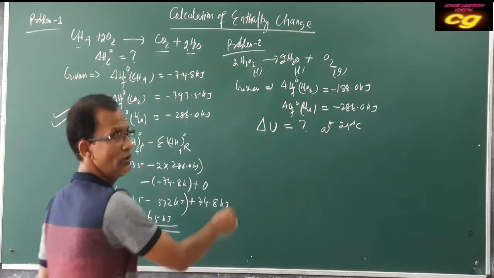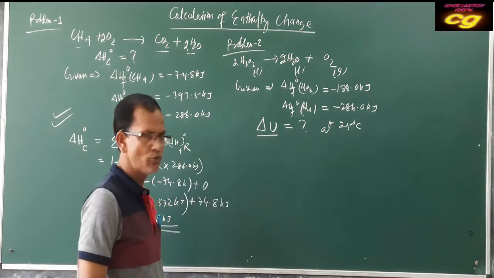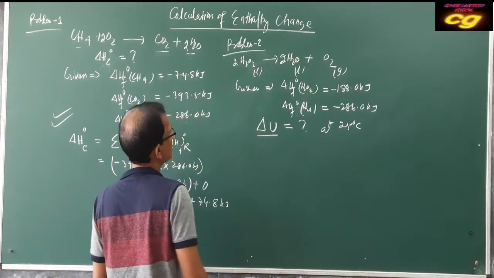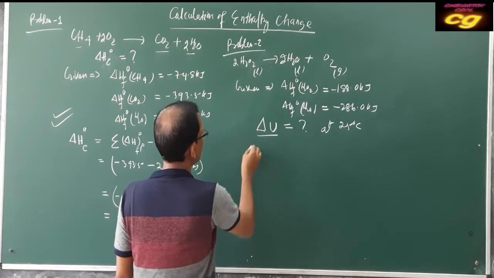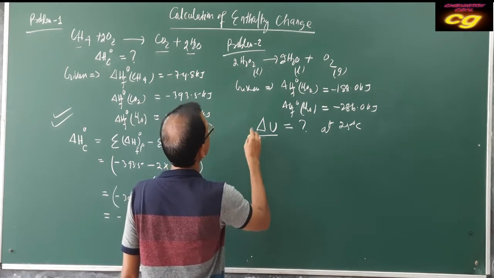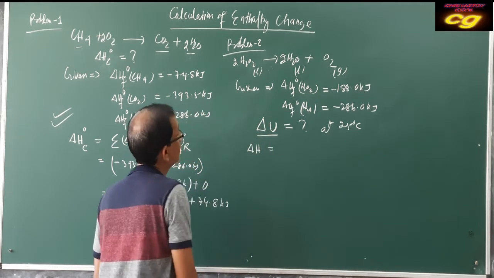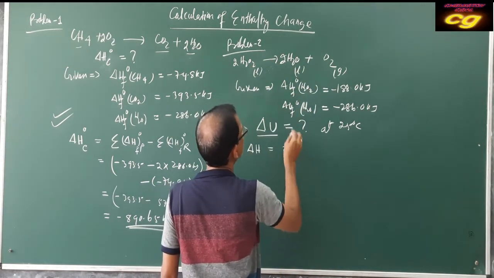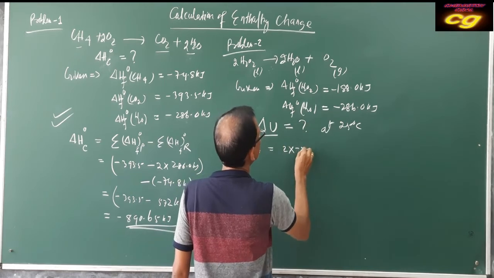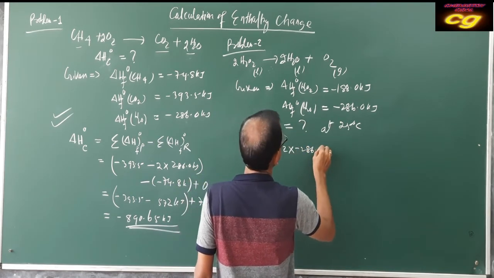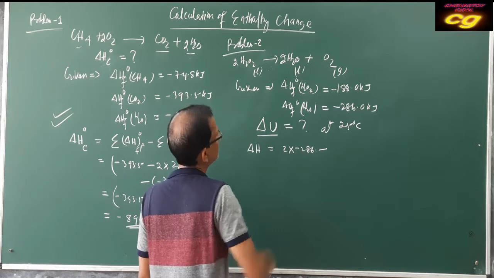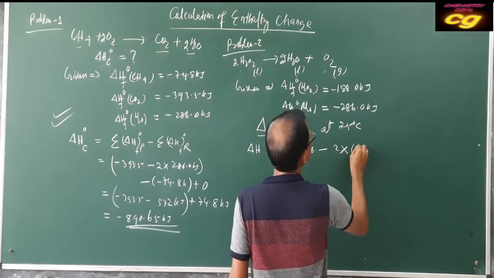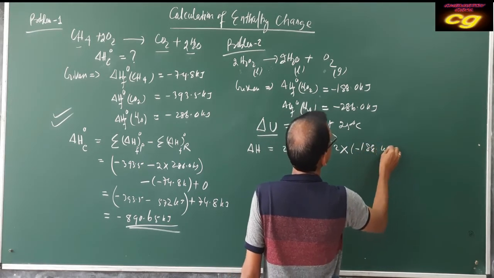To calculate the internal energy change, you have to know the enthalpy change. So what is the enthalpy change for this reaction? It is product minus reactant. The product is 2 into the enthalpy of formation of water, 2 into minus 286, minus, the oxygen is 0, then minus 2 into minus 188 kilojoule.